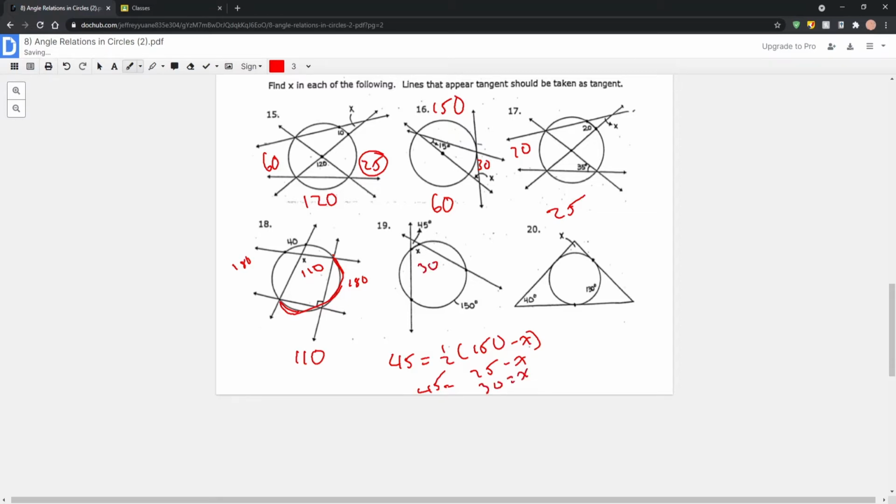Last problem. We're looking for x here. We're given that this arc is 130 and this angle is 40. We're looking for that angle.